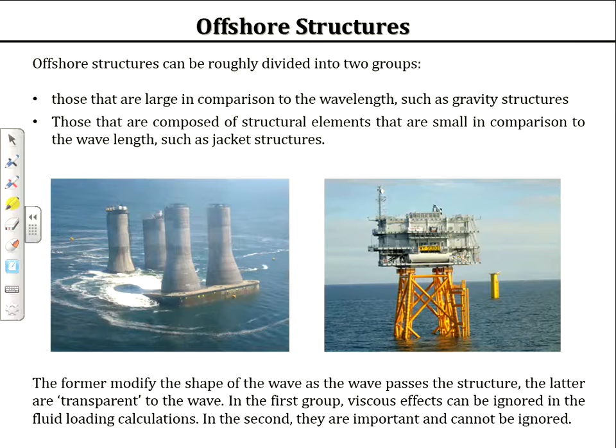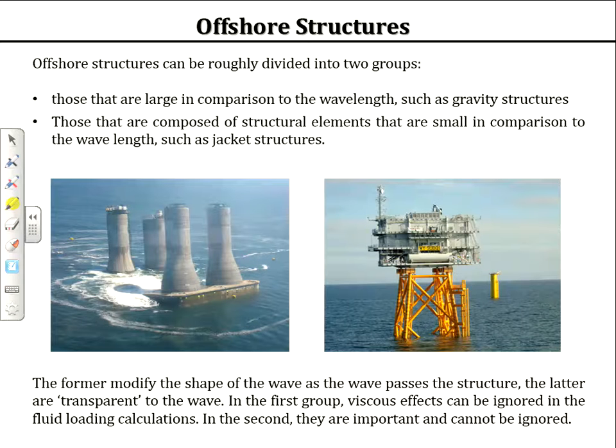So for example, this one is a lattice structure, with a very small diameter post. Compared to the wavelengths, it is transparent. It's nothing, okay? But the gravity foundation like this, the diameter is very large compared to wavelengths. Of course, it's smaller than the wavelengths, but it is large.